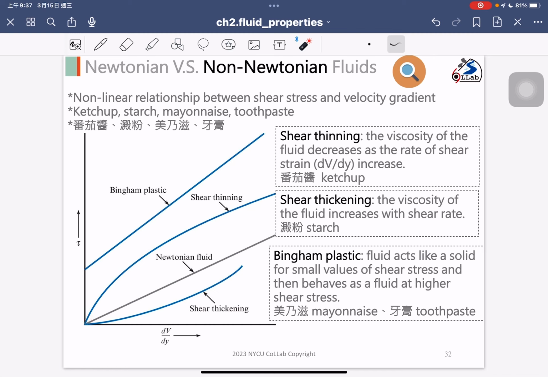Okay, so if we focus on shear thinning, the viscosity of the fluid decreases as the rate of shear strain increases. Here we just call the rate of shear strain the velocity gradient. Okay, why does the viscosity decrease as the velocity gradient increases?